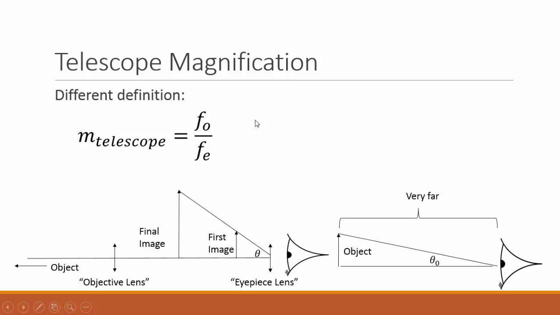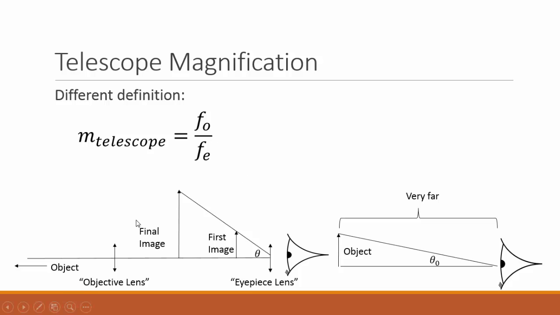One thing to note about why it goes this way: the smaller the focal length of the eyepiece, the more powerful the eyepiece lens is. So that leads to a larger angular magnification just in that second part of the process.